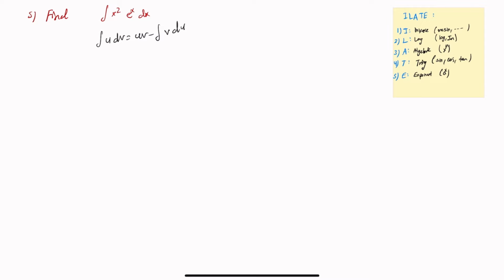Therefore, I'm going to assign x squared to be u, and then dv is going to be the rest, which is e to the x dx. Therefore, du here is going to be equal to 2x dx, and v is going to be the integral of dv, which is the integral of e to the x dx, which is equal to e to the x.